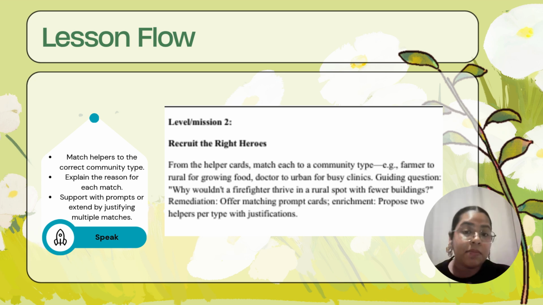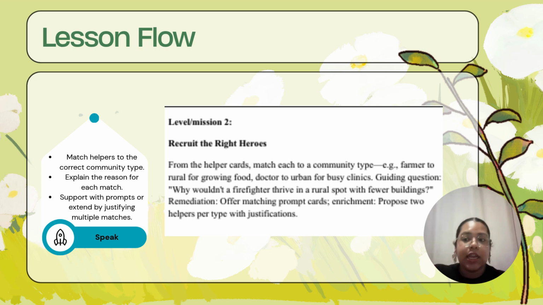Now, in the second mission, or the second part of this gamified lesson plan, it's named Recruit the Right Heroes. So, in this second mission, students match community helpers, which were the ones that we previously saw on the flashcards, to the appropriate environment: rural, urban, or suburban.